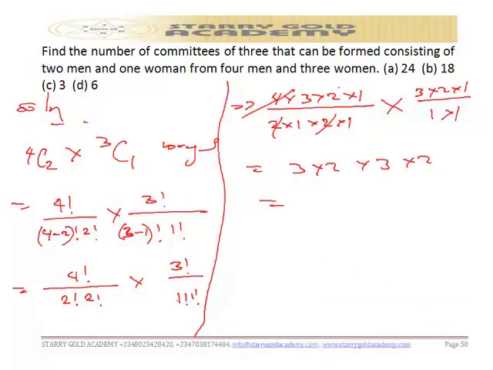Sorry, 3 minus 1 is 2, so the factorials cancel. I hope you understand what we are doing. So we have 6 times 3, which is equal to 18, which makes option B the correct answer.